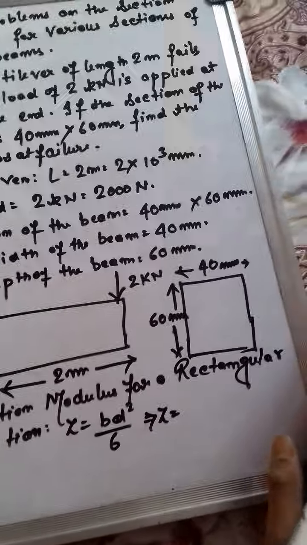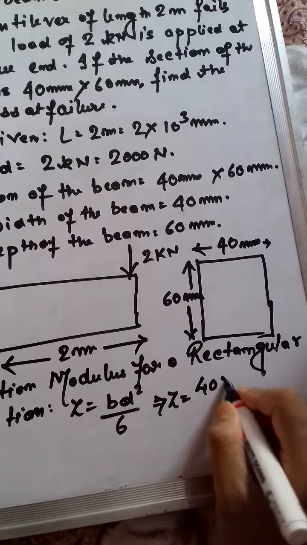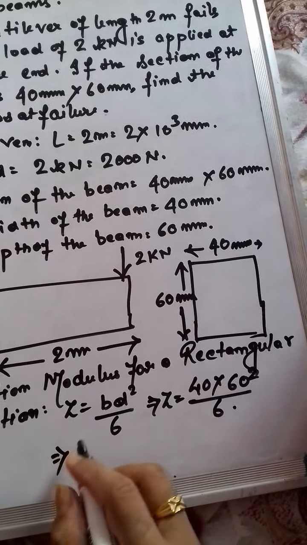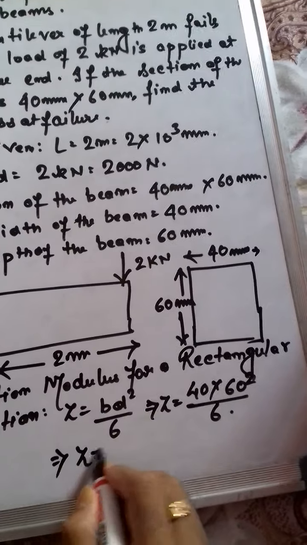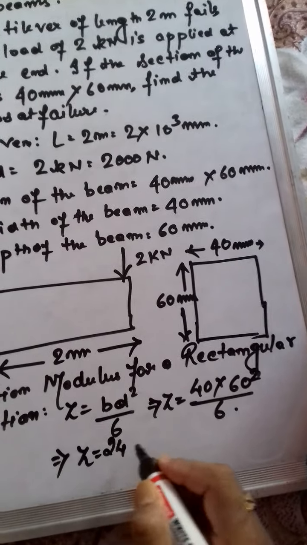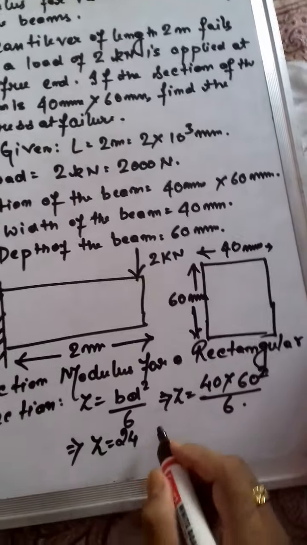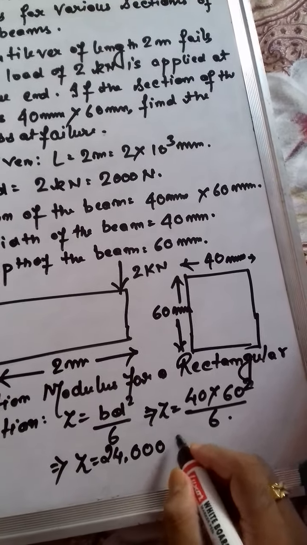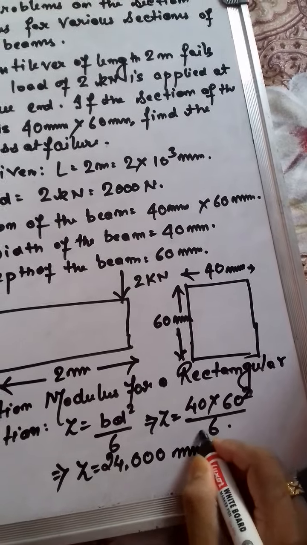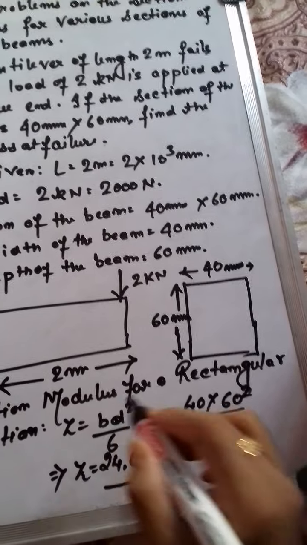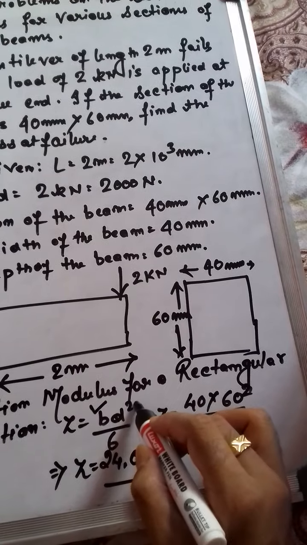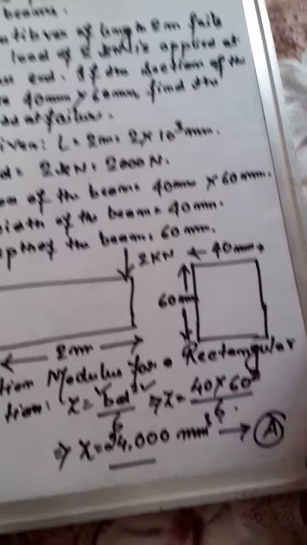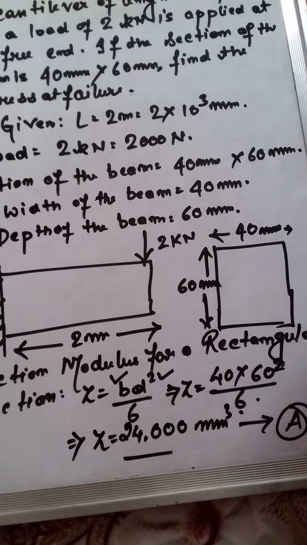So you can just substitute the values. B D square divided by 6, we'll get the value of Z, that is the section modulus. Something 24,000. Okay, now see the unit of section modulus. This is millimeter, this is millimeter square, so it is equal to millimeter cube. So we are getting the value of section modulus.